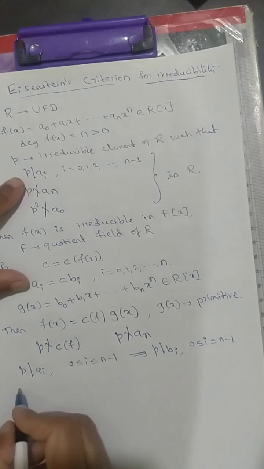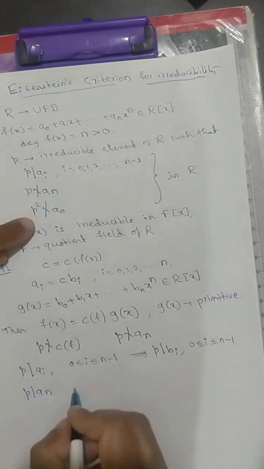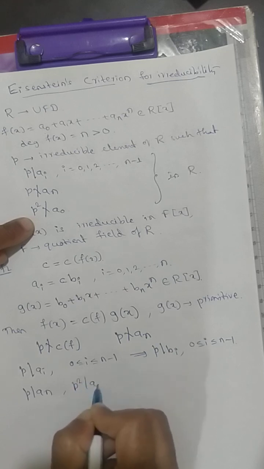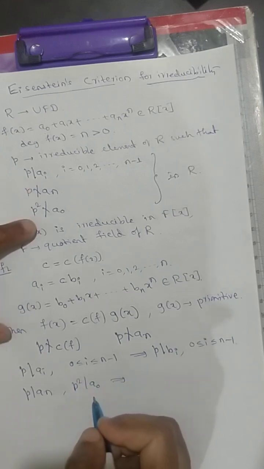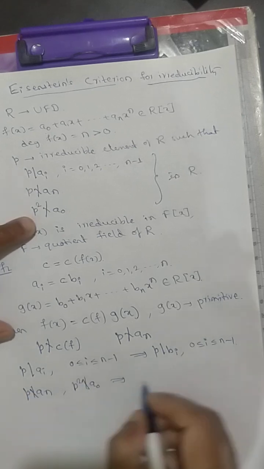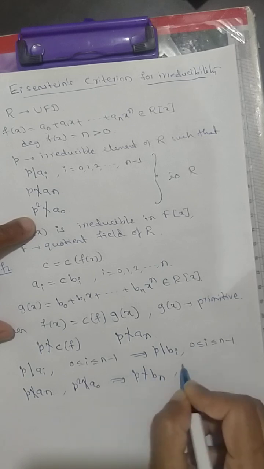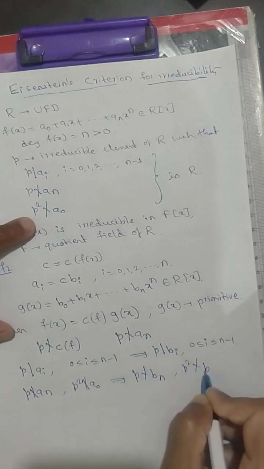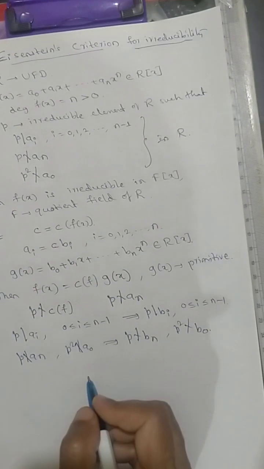Again, p doesn't divide a_n, and p squared doesn't divide a_0. It implies that p doesn't divide b_n and p squared doesn't divide b_0, because I have f(x) equal to c into g(x) here.